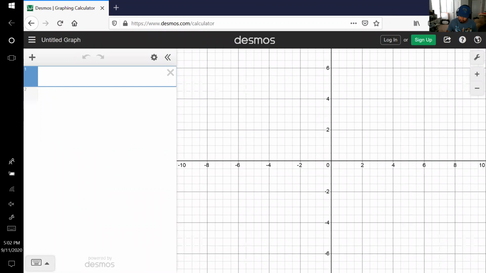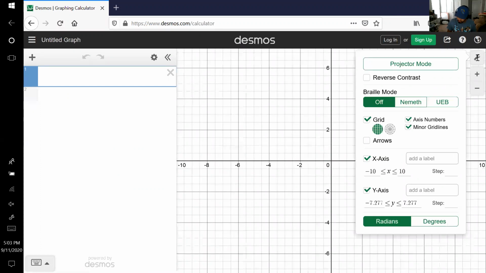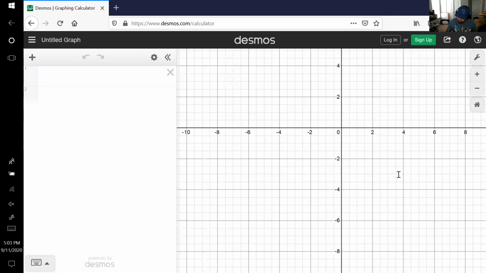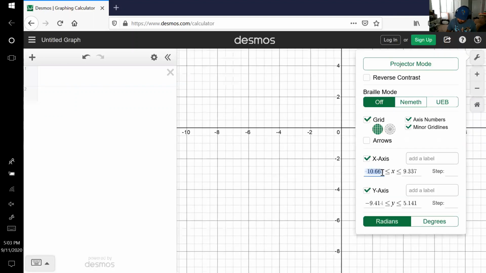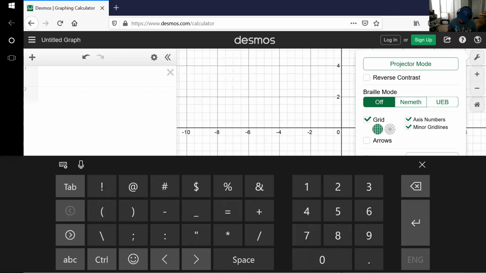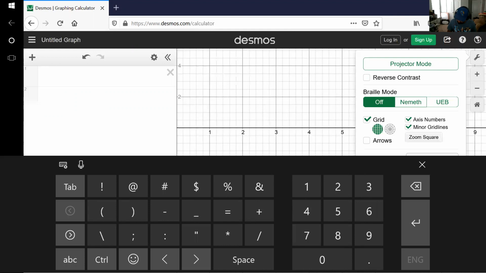So let me, actually, first, before I do that, you can actually change the domain of this graph. So click this little tool icon on the right side, and down below here, let's see, I need that, and I'm gonna type in 0, and then I'm gonna type in 10,000.